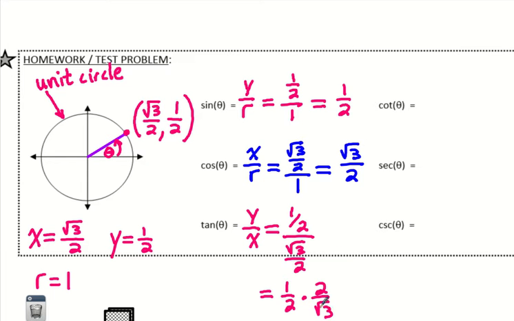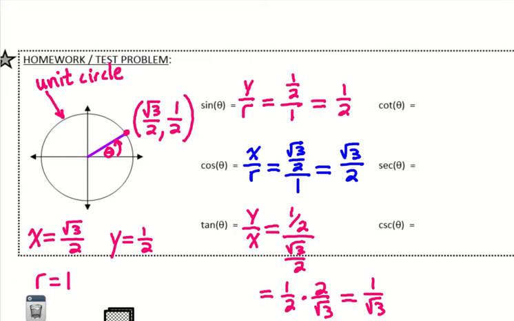And I see how the 2 and the 2 are going to cancel out. The final answer for tangent of theta is going to be 1 over root 3. Quick reminder: I don't need you to rationalize the denominator or simplify it further. You can leave it as 1 over root 3.